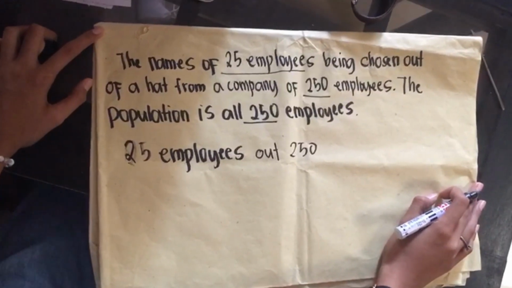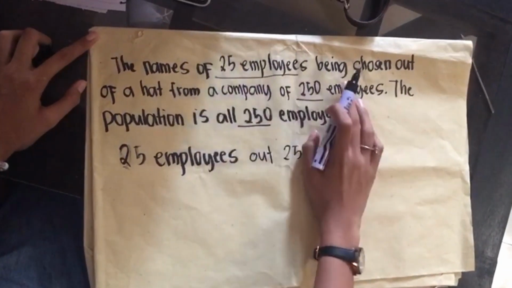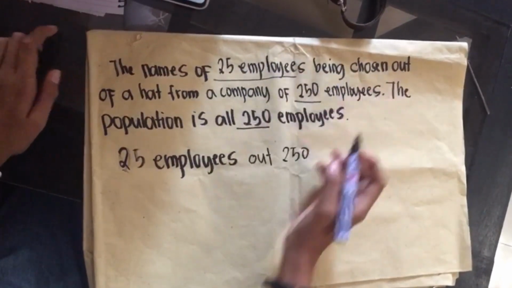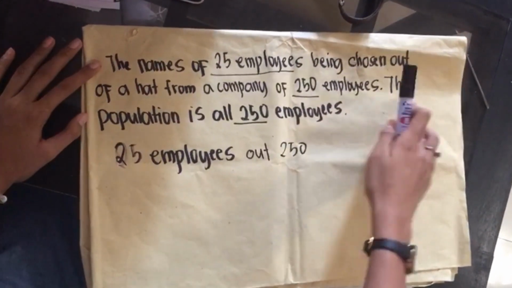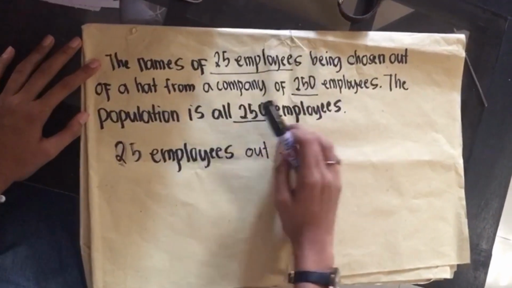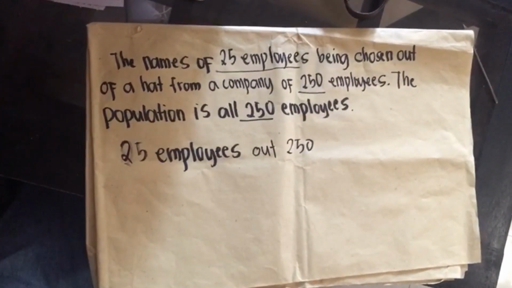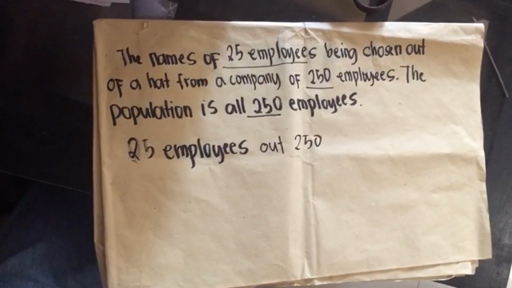So this is an example of simple random sampling. Simple random sampling would be the names of 25 employees being chosen out of a hat from a company of 250 employees. In this case, the population is all 250 employees, and the sample is random because each employee has an equal chance of being chosen.